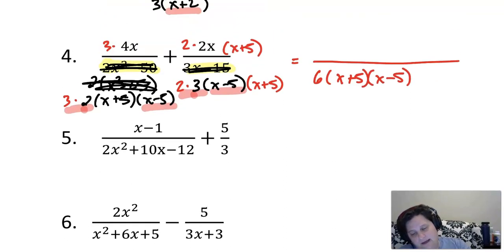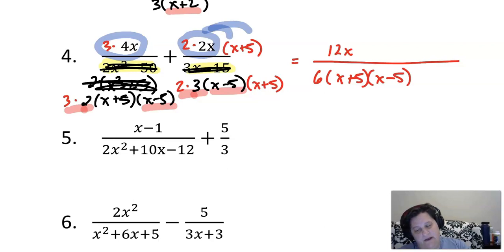And then on the top, let's see here. Okay. That will give me 12x. It's plus, so that's good. Now I'm going to take this and distribute it, right? So 4x times x, that's 4x squared. And then 4x times 5, that's 20x. Okay, I can still do a couple more things here.